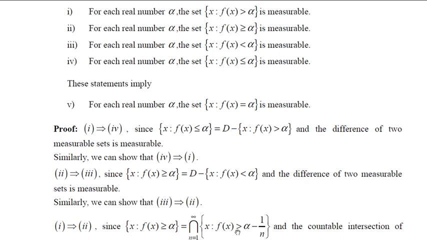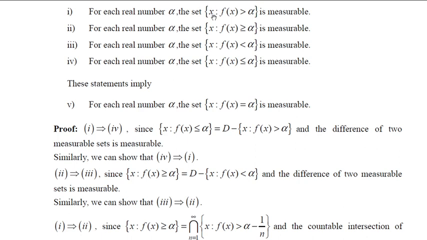So all those x for which f of x is greater than alpha minus 1, intersected with, when n equals 2, you will get alpha minus half: all those x values for which f of x is greater than alpha minus half. If you go on proceeding, you will get all those x for which f of x is greater than or equal to alpha.